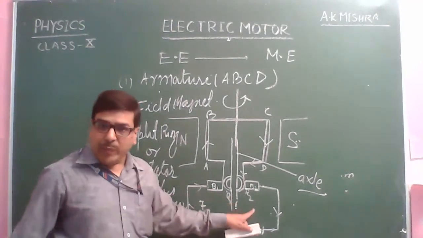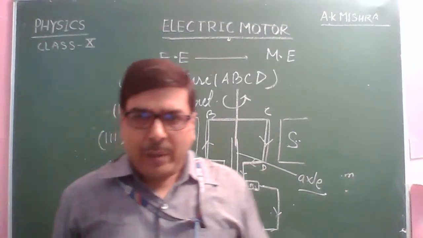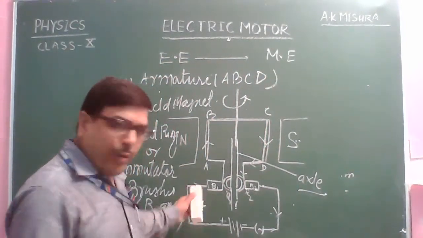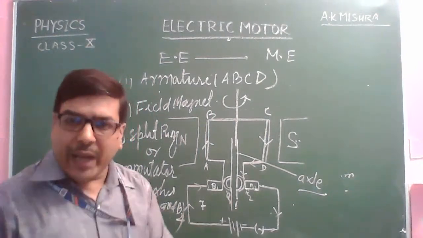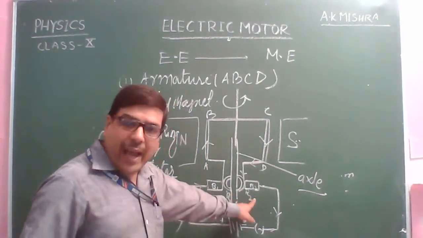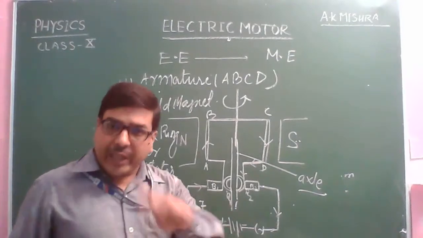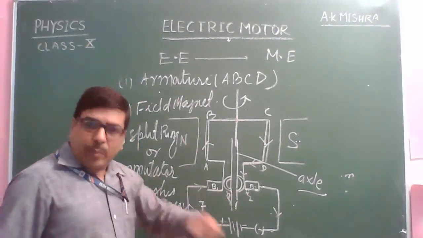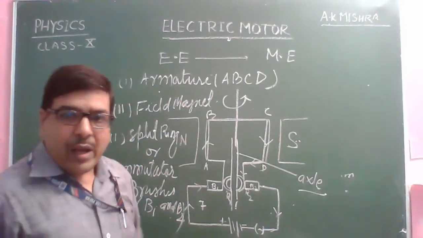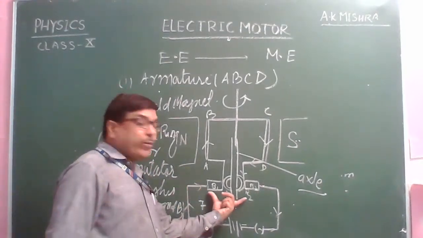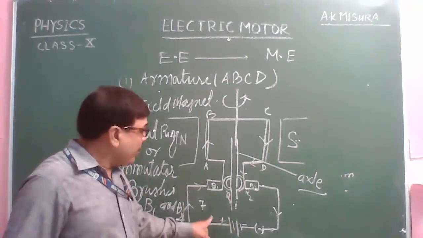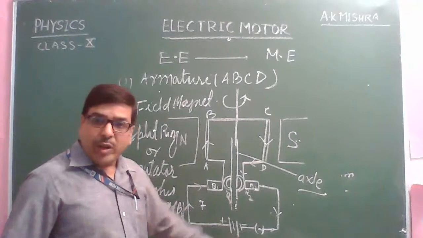Brushes are made up of carbon rods, and are fixed in such a way that the axle attached with the split ring rotates without the brushes rotating. The brushes are fixed and their terminals are connected with the source, plus and minus.